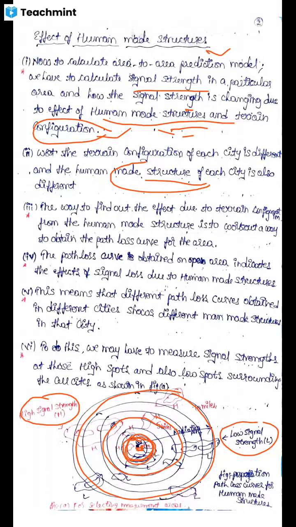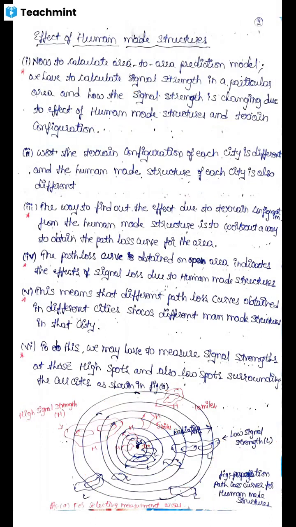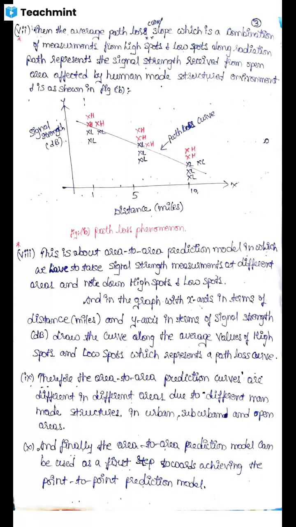I am calculating the high spot areas and low spot areas. After calculating the high spot areas and low spot areas at 1 mile, 5 miles and 10 miles, now I will draw a curve, that is the path loss curve. We will draw a path loss curve taking the x-axis representing the distance, that is taking the readings at 1 mile distance, 5 mile distance and 10 mile distance, and the y-axis represents the signal strength. At the 1 mile distance, I will note down the high spot areas and low spot areas.